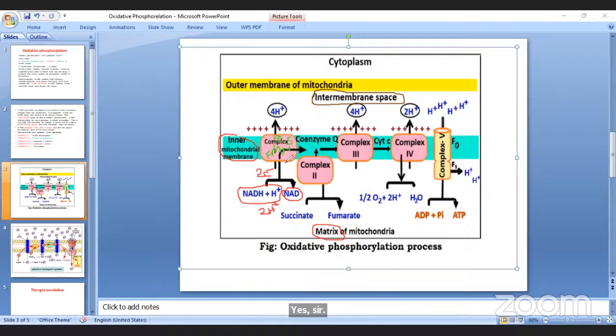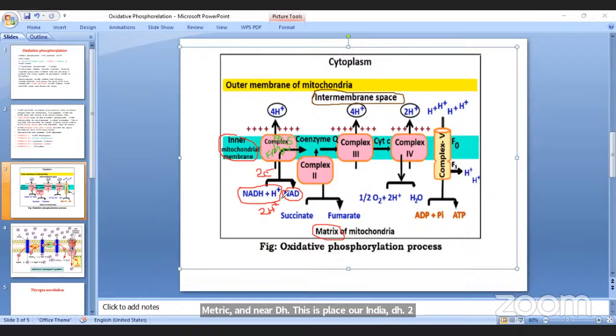So this complex 1, NADH dehydrogenase, is the first complex of the electron transport chain. It is located in the inner membrane, which catalyzes the oxidation of matrix NADH plus H plus, or NADH2.